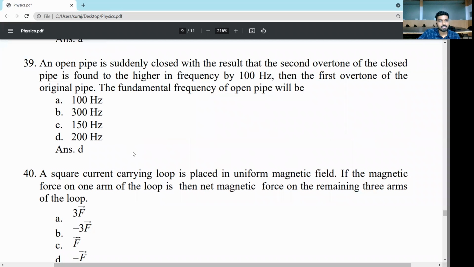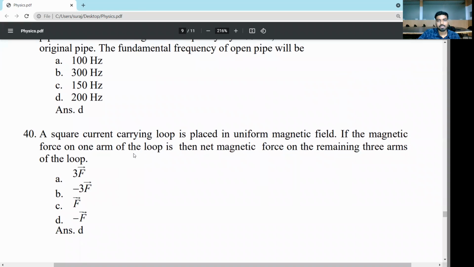A square current carrying loop is placed in a uniform magnetic field. If the magnetic force on one arm of the loop is F, here there is a printing mistake. There should be F vector. Then the net magnetic force on the remaining 3 arms. So there is a square loop, right?